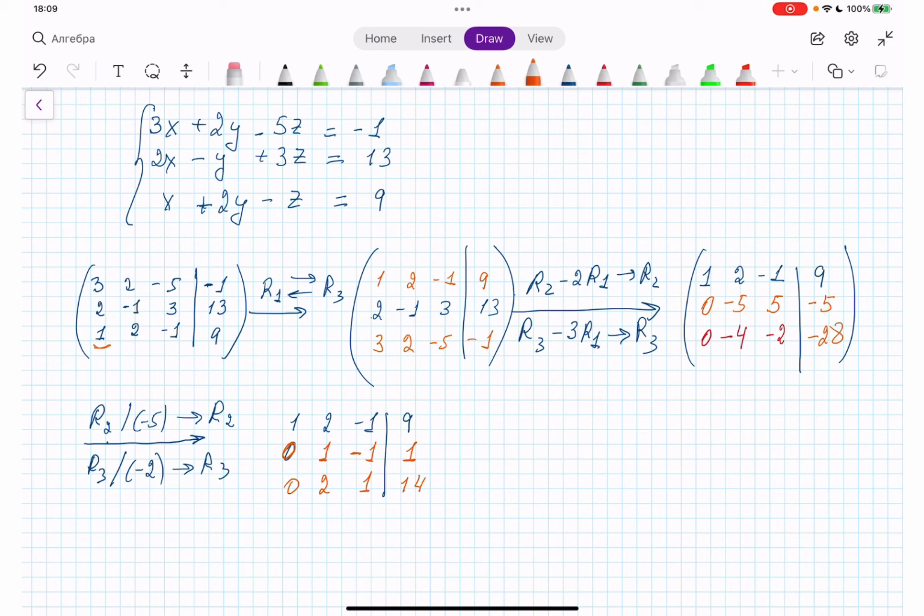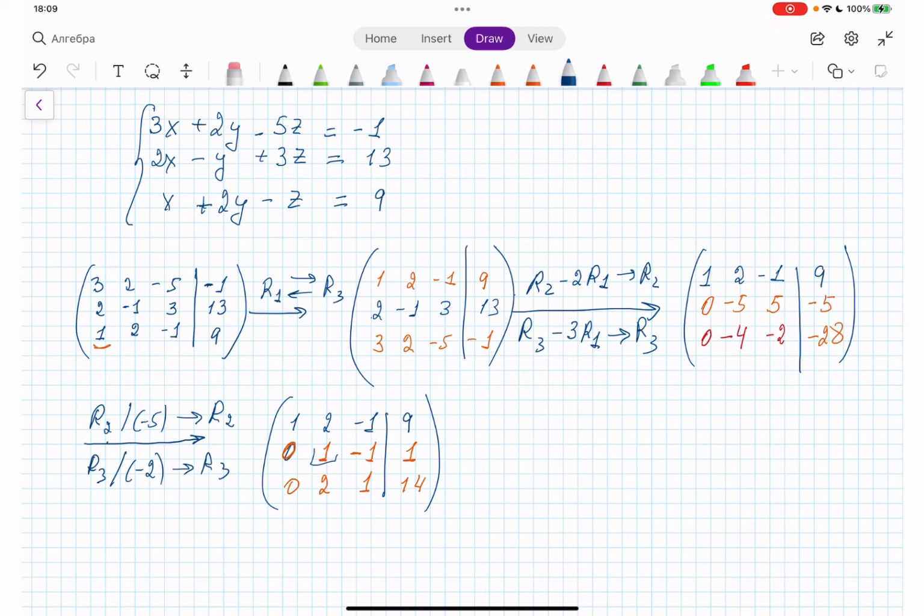Okay. So I got 1 here, leading coefficient, which is very good, because this one we're going to identify as y, right?